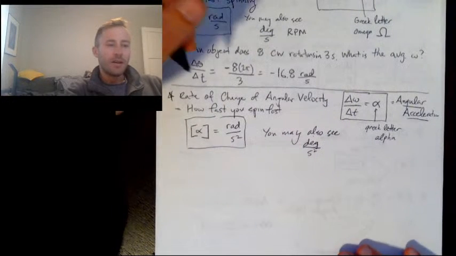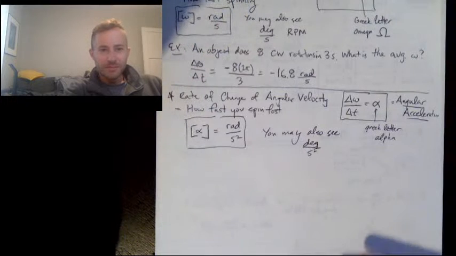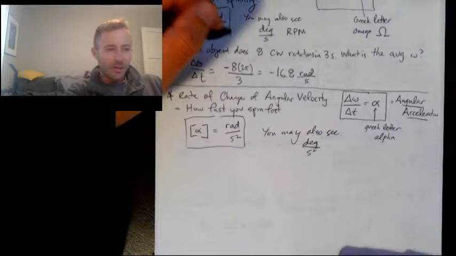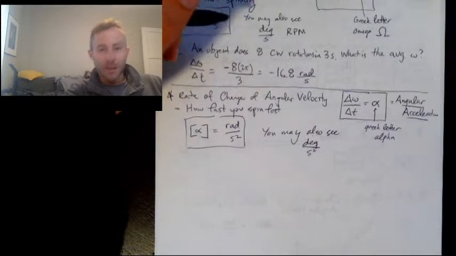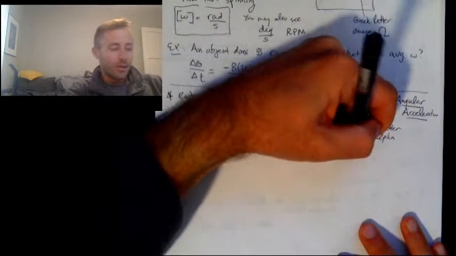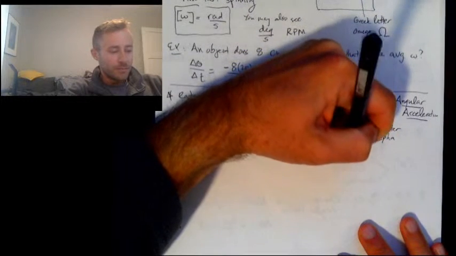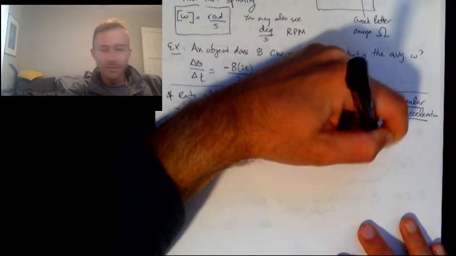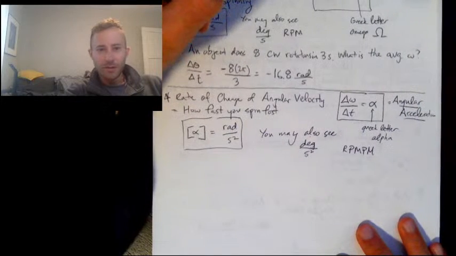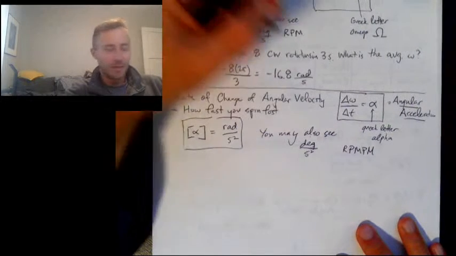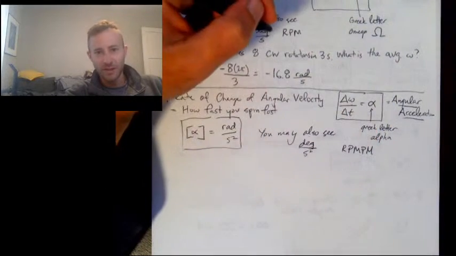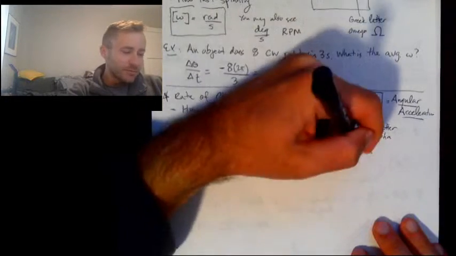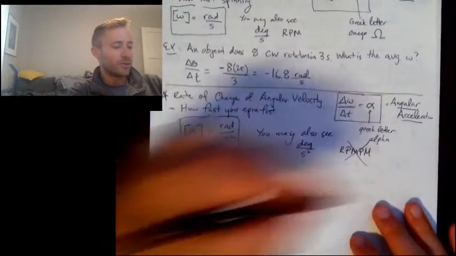No one uses this unit of angular acceleration, but a valid unit of angular acceleration would be RPM per minute. I've never heard anyone use revolutions per minute squared, but it would be a unit of angular acceleration. I just think it's goofy to say. Don't use it, though. No one else uses it.